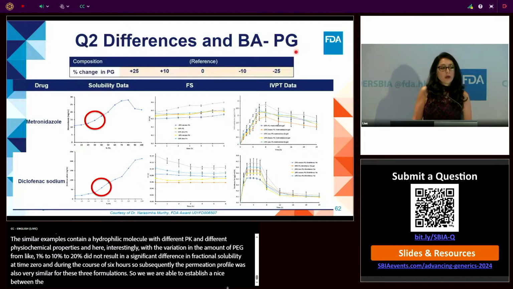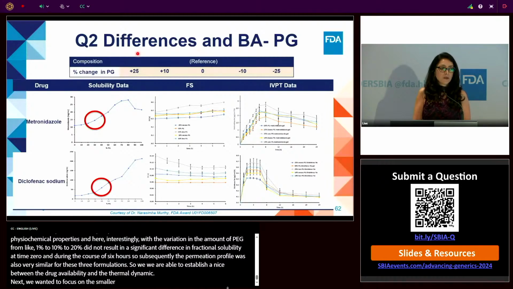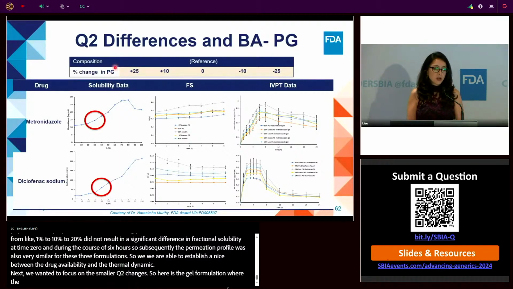Next, we wanted to focus on smaller Q2 changes and their impacts on bioavailability. Here are examples of gel formulations where PG, propylene glycol, was used as a solubility modifier for both metronidazole formulations and diclofenac sodium formulations. We first evaluated the saturation solubility of the drug in different amounts of PG.